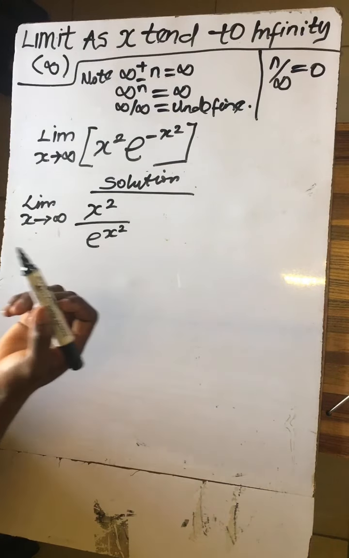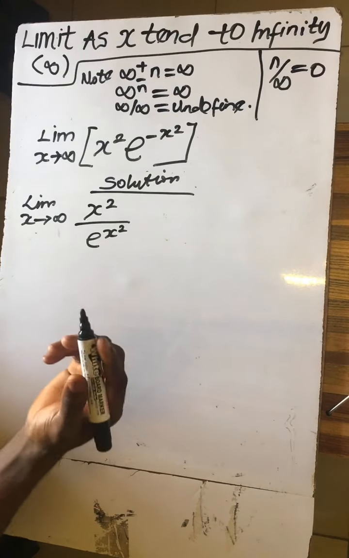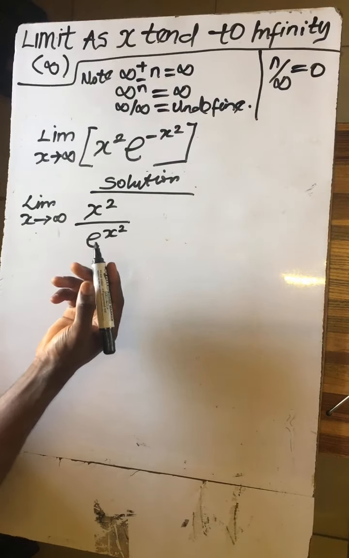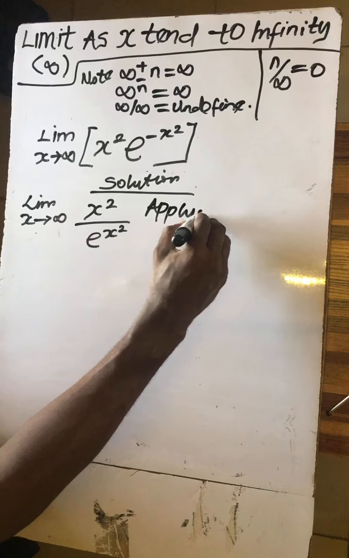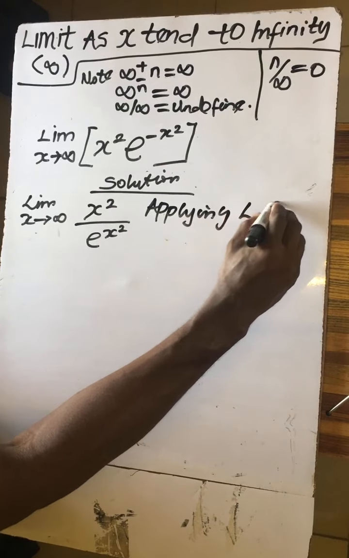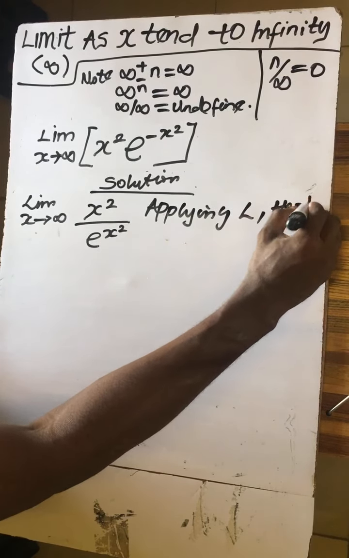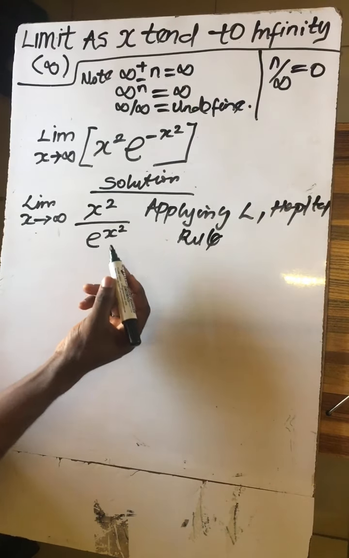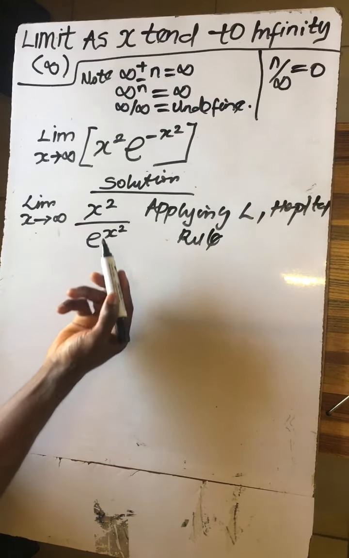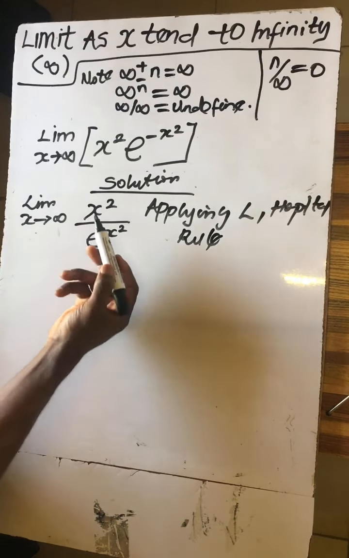So we apply L'Hopital's rule. So we have to differentiate this equation. When we apply L'Hopital's rule to this equation, we have to differentiate each of these one after the other.